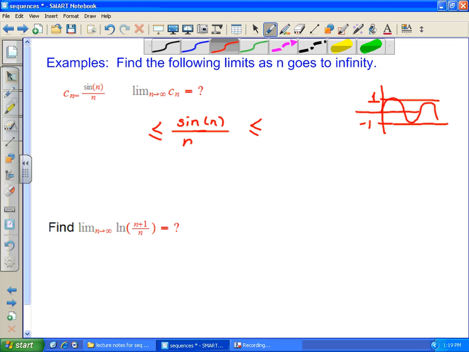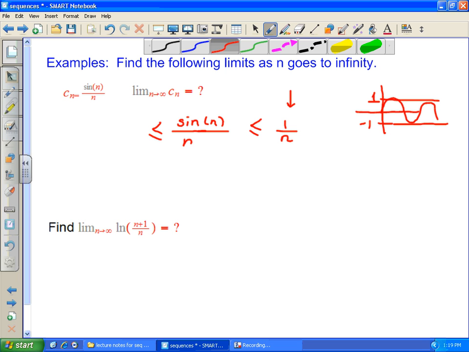I'm looking for something that is always greater than sine n over n. You know, sine n is always less than or equal to which number? 1. And the bottom I can leave exactly as it is. By not changing that, I still have a correct inequality here, because sine n is less than or equal to 1. So sine n over n is less than or equal to 1 over n. Okay? How about on the other side? What could I write on the other side?